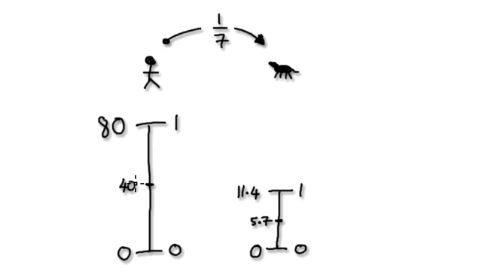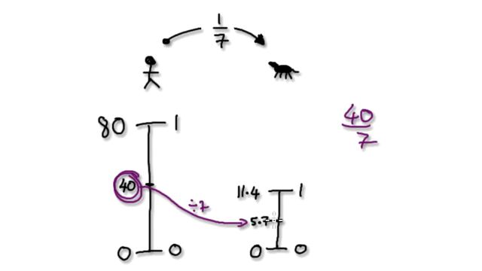Now, if you take halfway of a human, which is 40 years, if you get 40 divided by 7 on your calculator, it will give you 5.7. Now, this here is halfway of a human.